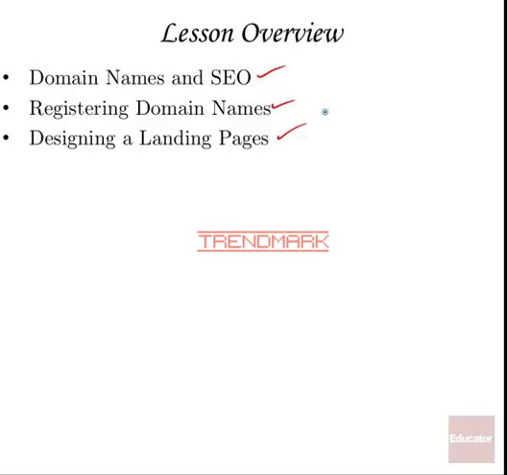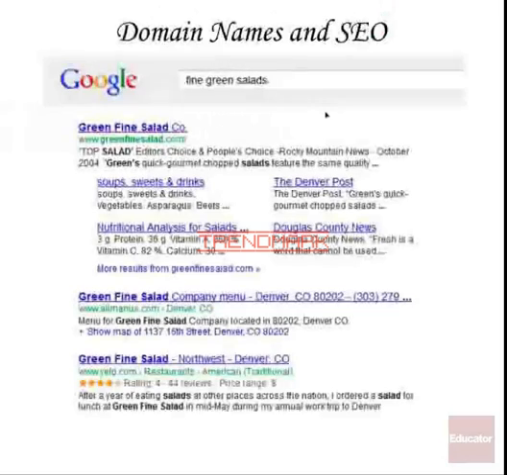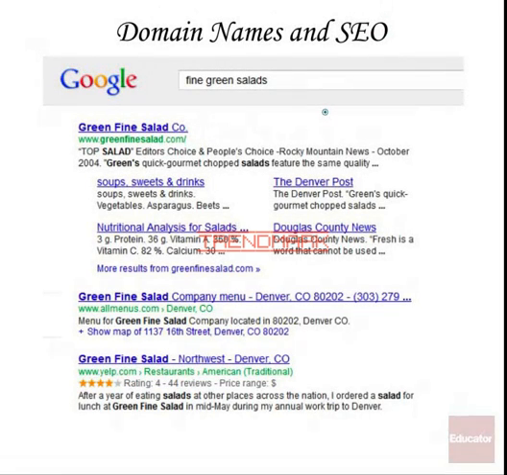So let's go ahead and talk about domain names. Why do we emphasize domain names? Well, if you ever do a Google search, you notice that sometimes Google highlights in bold the search terms that you're looking for. In this case, we're going to do a search on something that's pretty healthy: fine green salads.